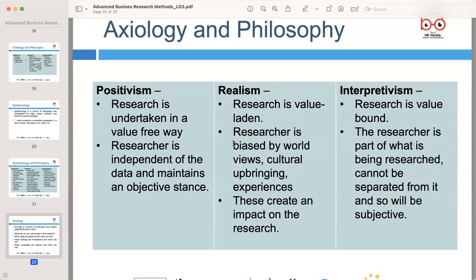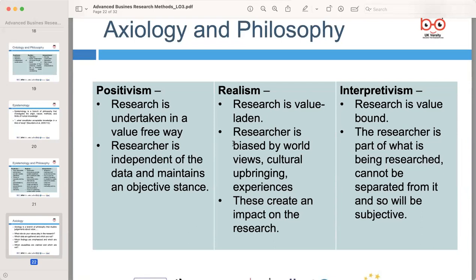From the axiology point of view, first, let's talk about positivism. In this approach, research is conducted in a value-free manner. This means that researchers strive to remain unbiased and independent from the data they collect.